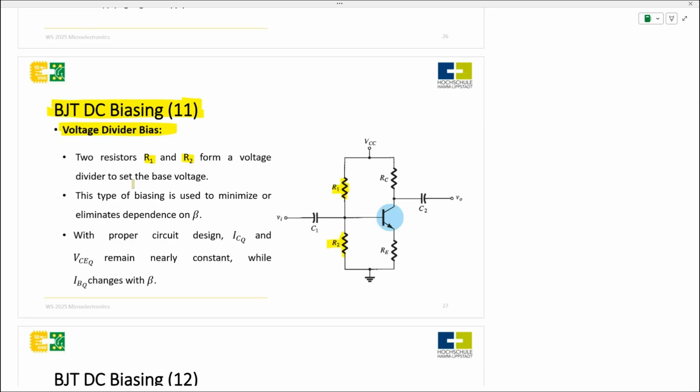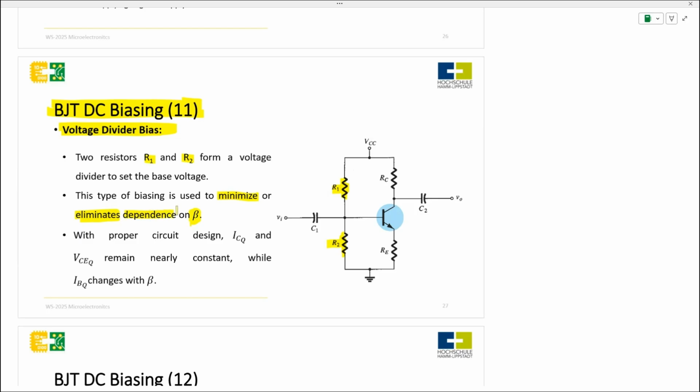And this type of biasing is used to minimize or eliminate dependence on our beta. That's the goal.